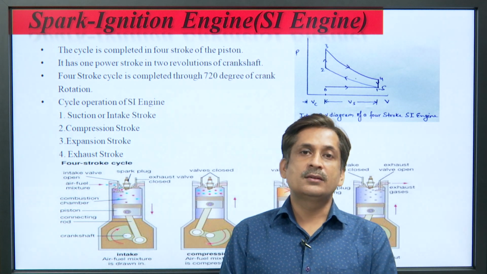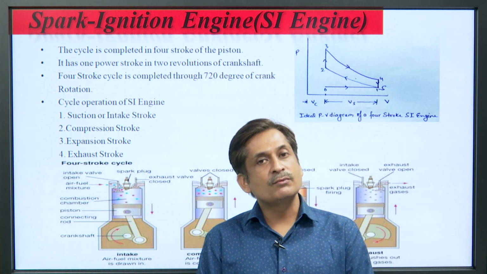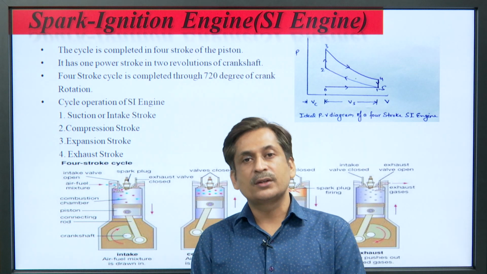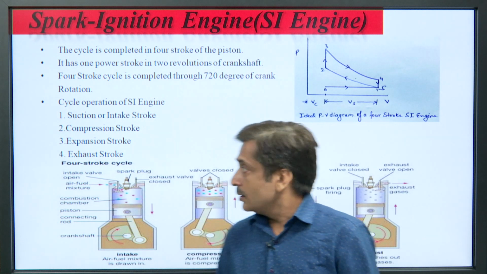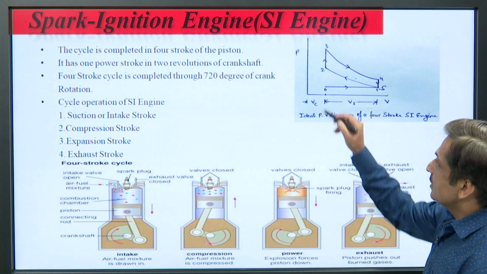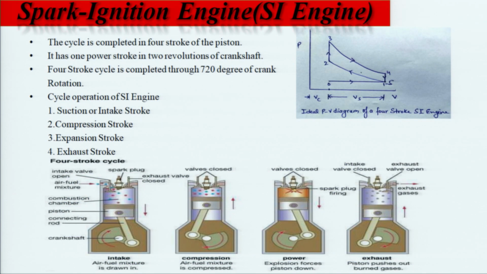In the previous lecture we discussed how a 2-stroke SI engine works and how a 4-stroke SI engine works. So, we can see through this PV diagram how the SI engine works. First of all, I have to explain the basics of the spark ignition engine.